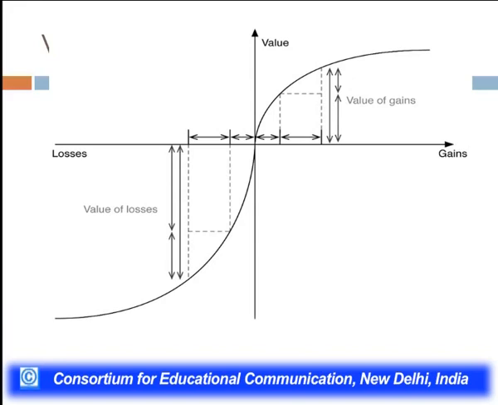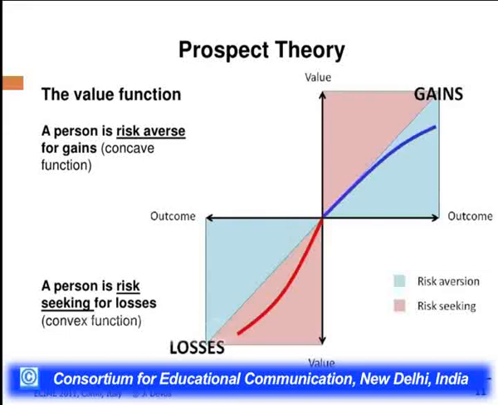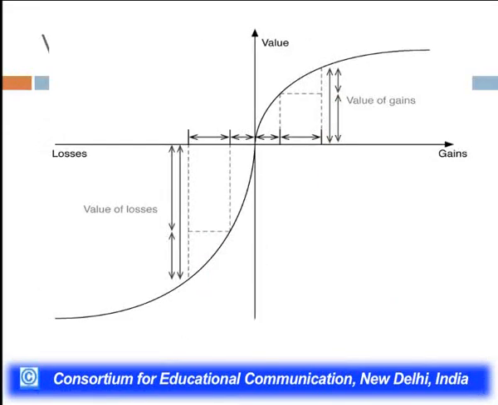So, even if the amount of gain or loss is the same, the value which we give to the gain is less as compared to the value of loss. That is why you can see that this curve in the top quadrant where it is concave is less steep as compared to when it is convex in the loss quadrant.